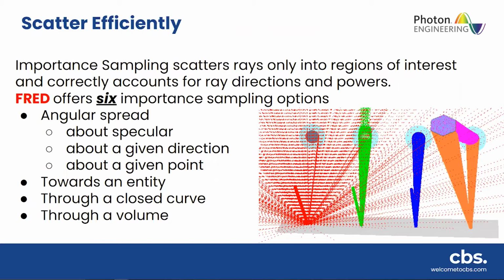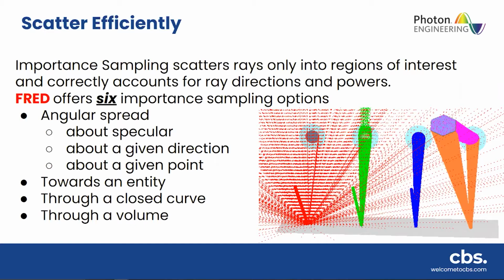There are a number of options to spread light in an angle around some definition: around a specular ray, around some given point in space, or around a given direction in space. And then there are other options, so we can scatter light towards an entity. Any geometry we've previously defined within Fred, we can use as a target to scatter rays to.